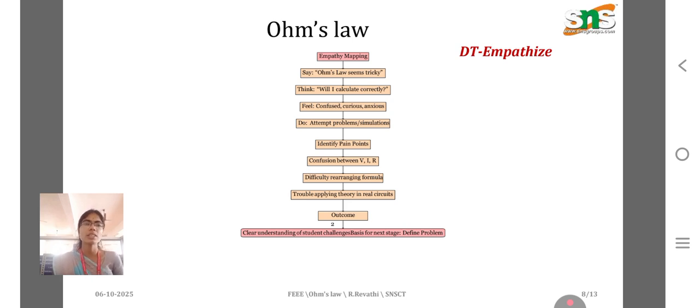So these are the things we have to empathize with in Ohm's law, where we should have clarity about what data is given in the question and what we need to find out. Knowing these quantities, we can solve the problem using V by R or the V is equal to IR format.